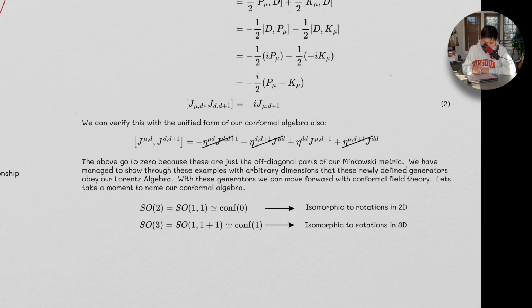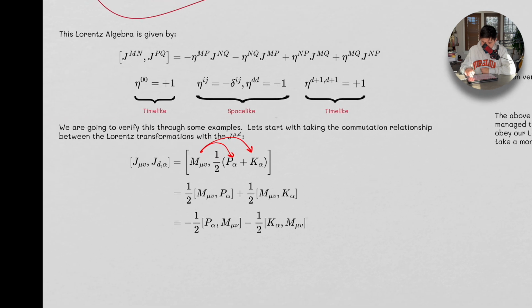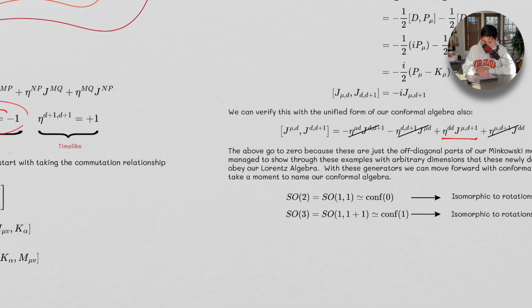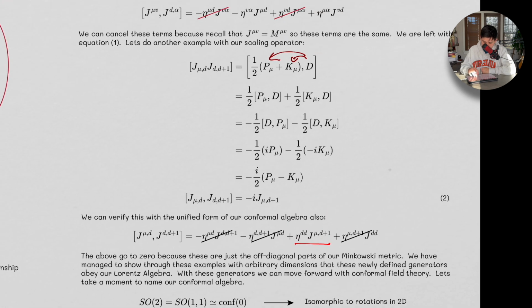And then we can verify this again with our conformal algebra, and we get this guy right here, right? Because these are just off diagonal, so the Minkowski metric, or not this one, right? This one is left as a diagonal, but we know here, right here, no, this one, right? That one, not this one. So this one right here, that's going to change the sign here.